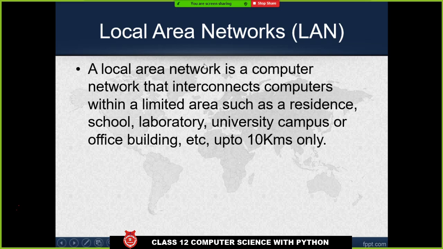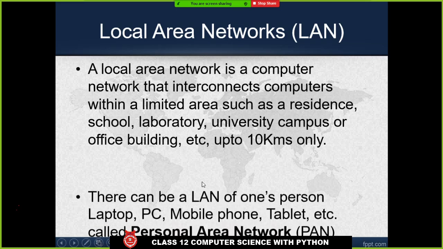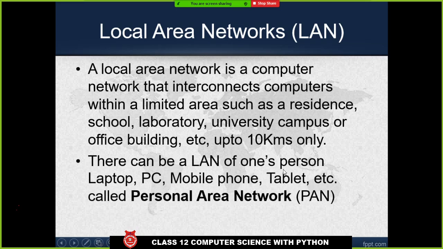So this is the computer network which spreads to a small area. A network of one personal laptop, PC, mobile phone, tablet, etc. is called personal area network. Here I'm explaining what is personal area network. In my home, I have laptop, I have mobile phones, I have modem, I have TV.